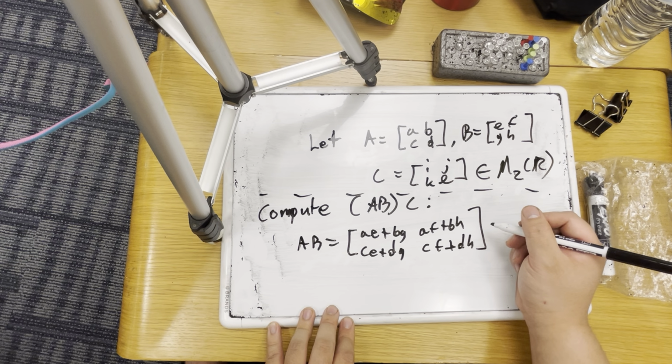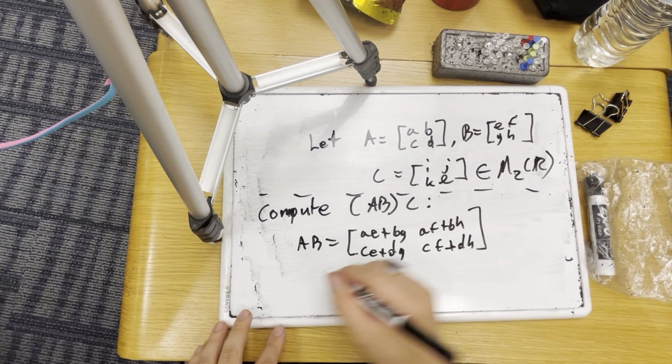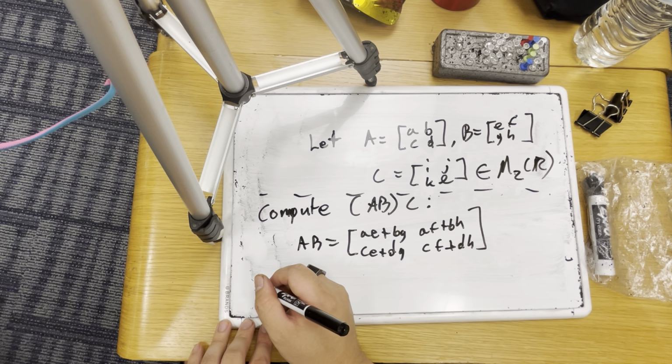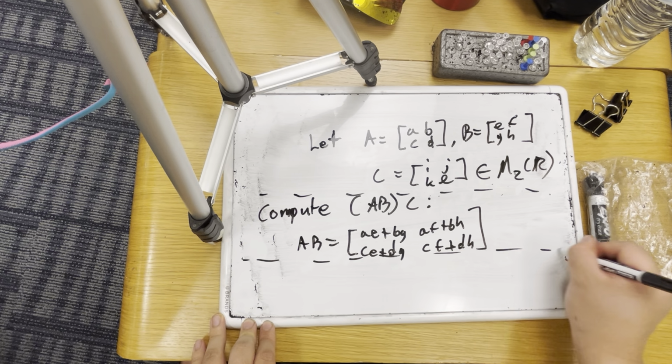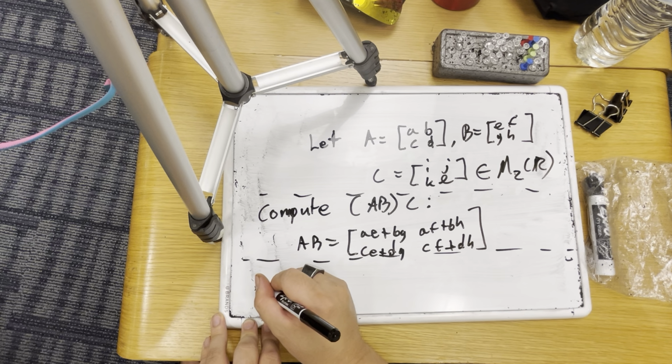Now, let's multiply that by C. What does that get us? Can we actually write all of that within this space? Let's see. Never know until you try, right? Okay.